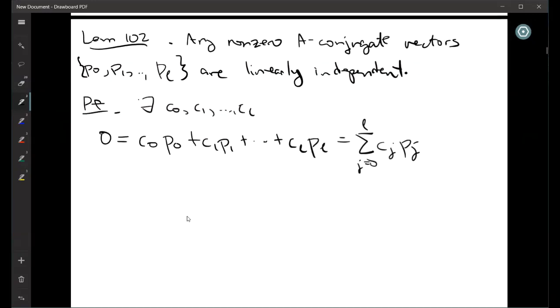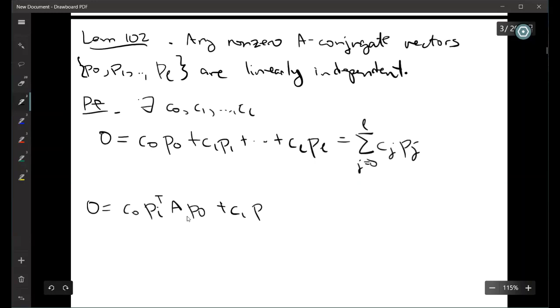Then let's multiply each equation by p_i transpose A. So we have 0 equals c_0 p_i transpose A p_0 plus c_1 p_i transpose A p_1 up to c_L p_i transpose A p_L.